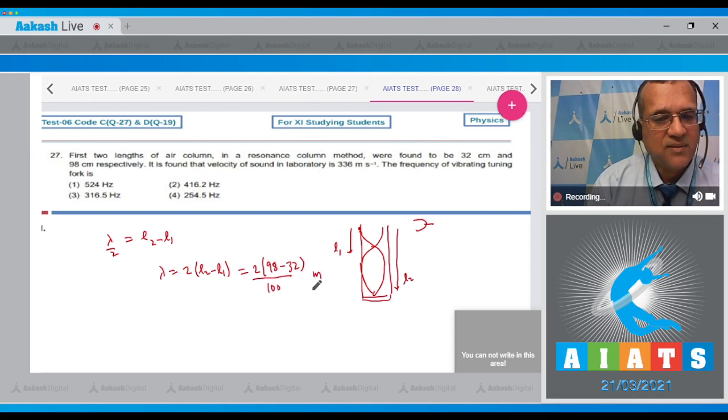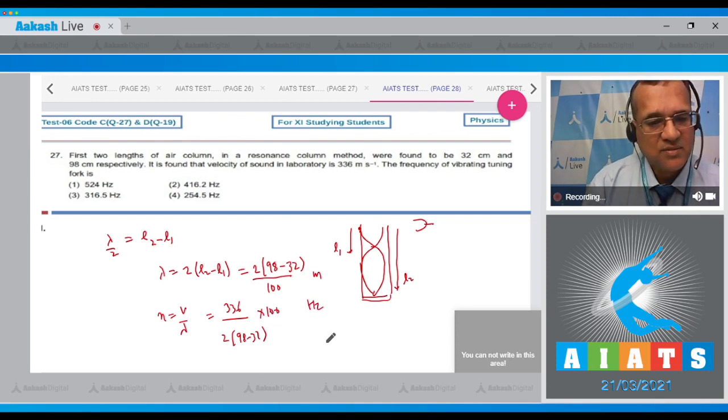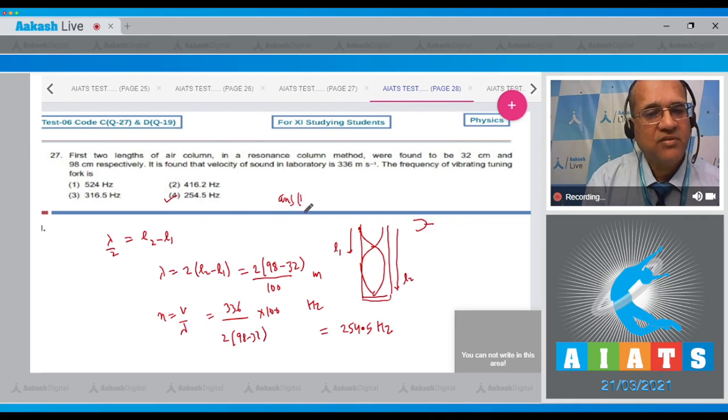Now he's asking what is the frequency? So N is equal to V by lambda, and V is given as 336, and lambda you are calculating from 98 minus 32 multiplied by 100. This will give you the frequency in Hertz. When you solve it, the answer comes to be 254.5 Hertz. Therefore, the correct option is option number 4.